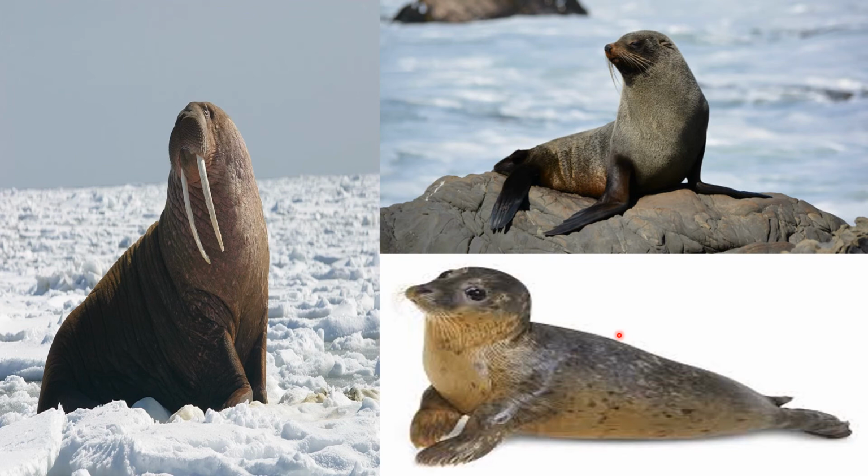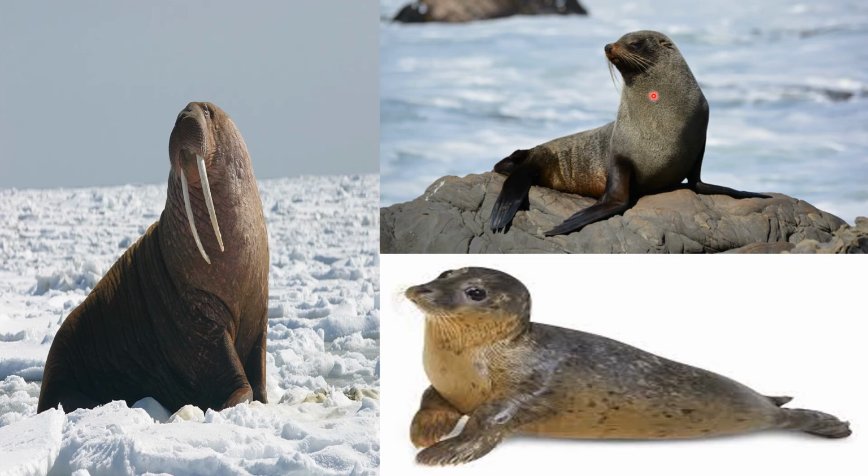It has an O at the end of the sea, so we call it seal. Now, the seal here is different from the sea lion. You can see the two of them are different from the walrus. The walrus is different with the protruding, long teeth coming out of the mouth.